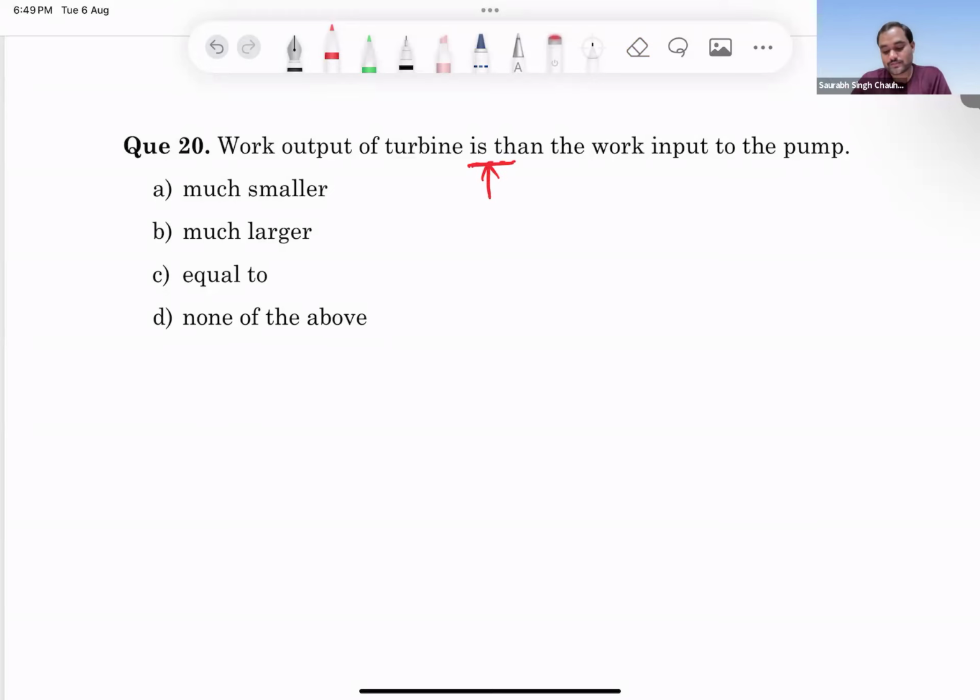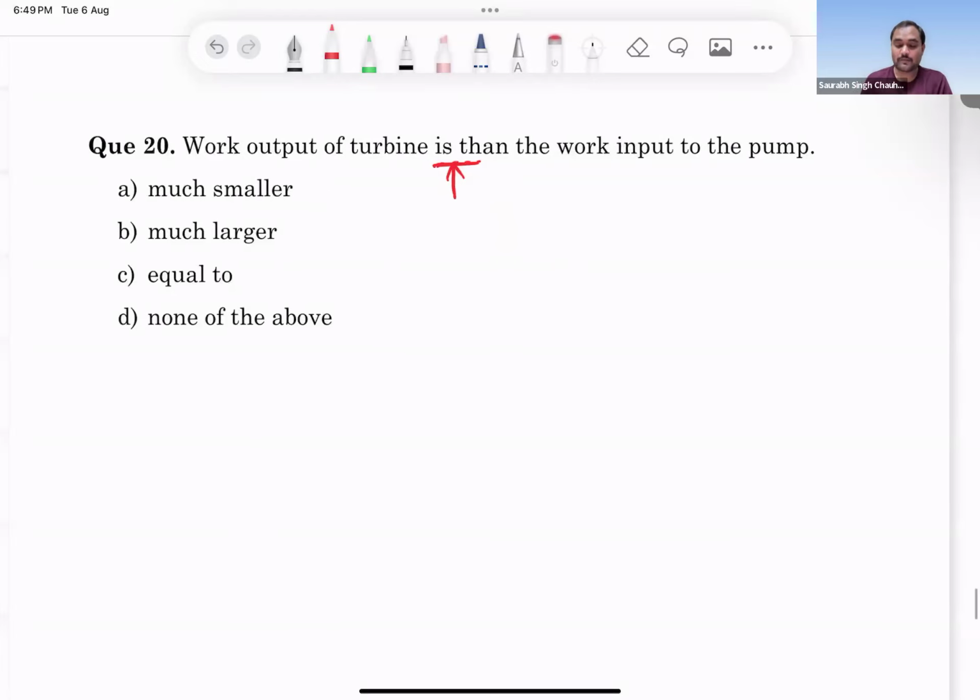If the turbine work output is less than the pump work, then what will happen? We are getting net negative work output. Our system is consuming more work than it is producing. So it is just a useless cycle, a useless power plant.